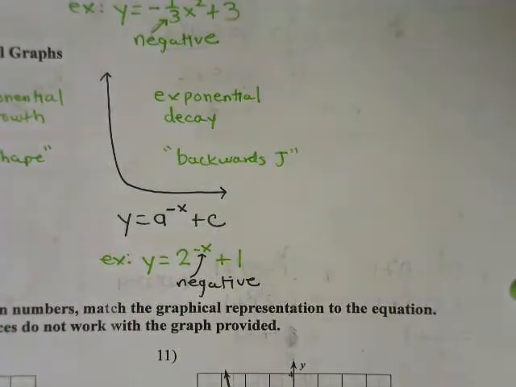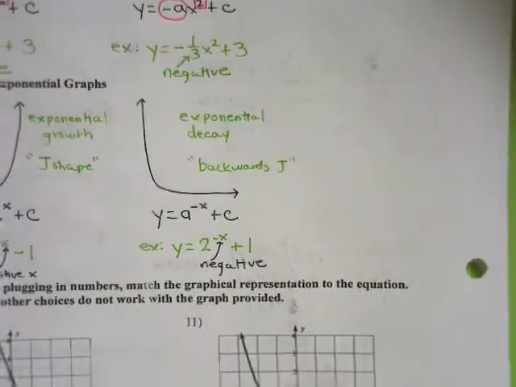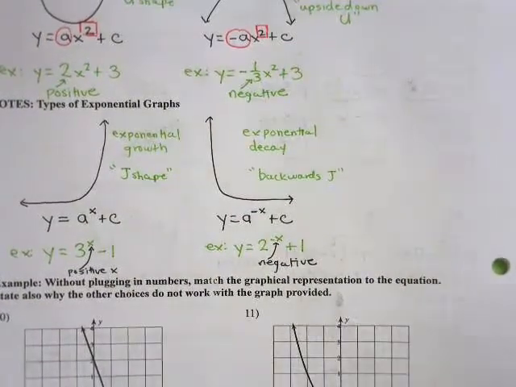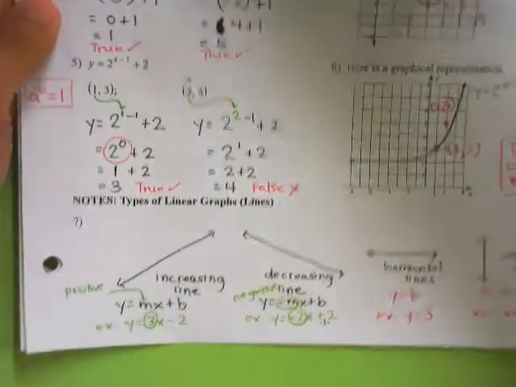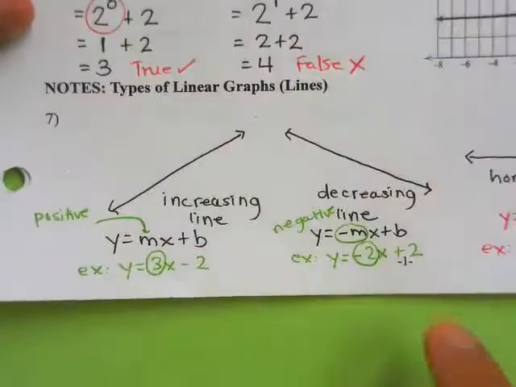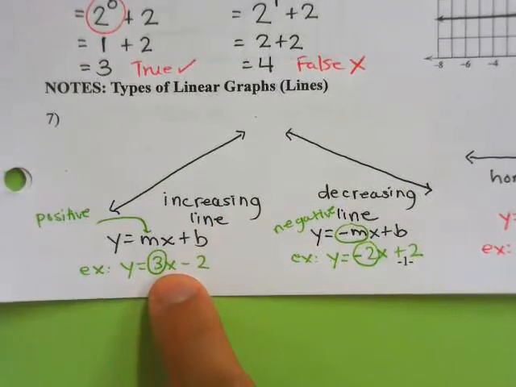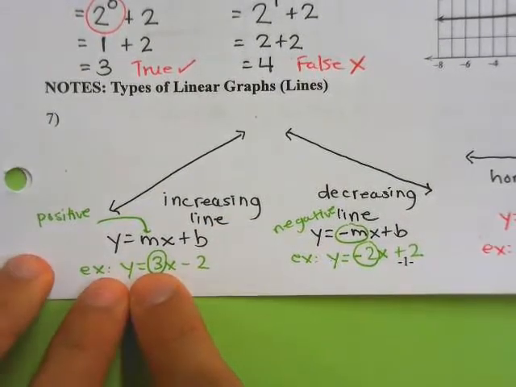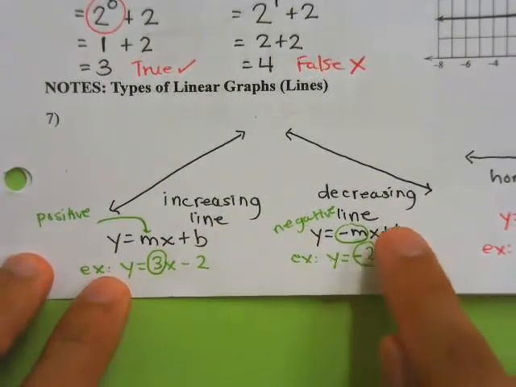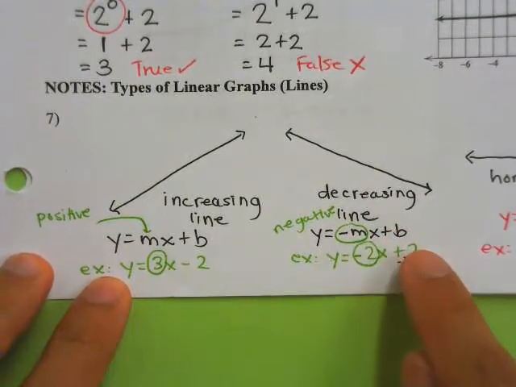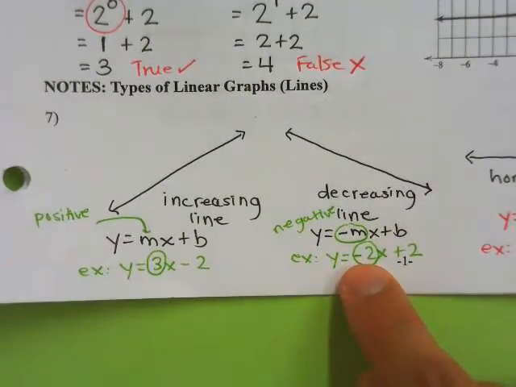Okay. Before we tackle 10 and 11, which I feel like it shouldn't be too bad, but let's just review. The 6 graphs that we are really looking at are increasing line and decreasing line. So increasing line, there's only an x, and it's positive in front. Decreasing line, it's only an x, there could be a number over here, and it's negative in front of the x.